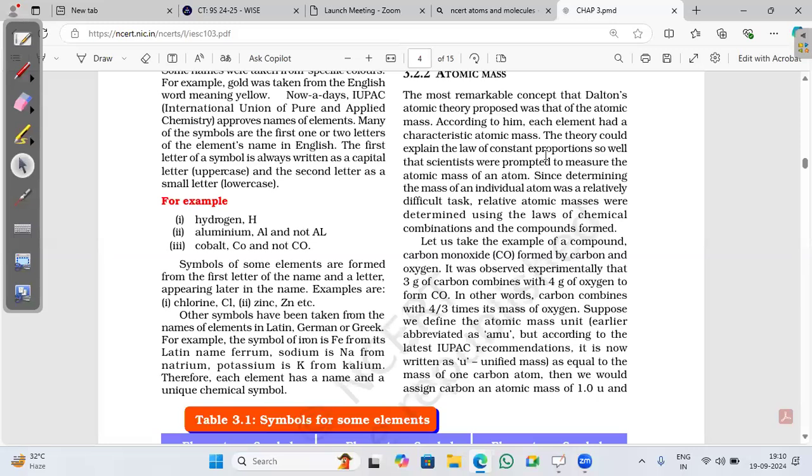Chlorine will have an atomic mass of 35. Sulfur will have an atomic mass of 32. So the atomic mass of different elements is a characteristic of that element.